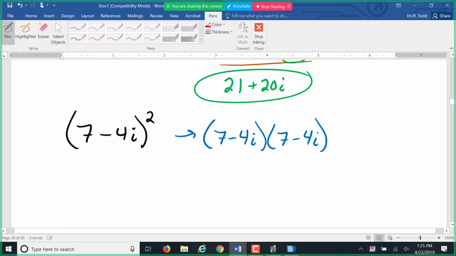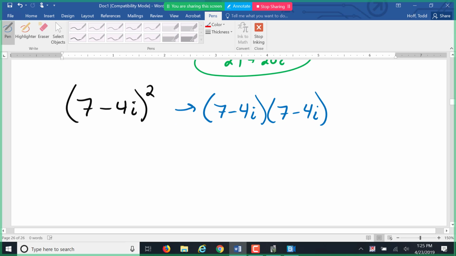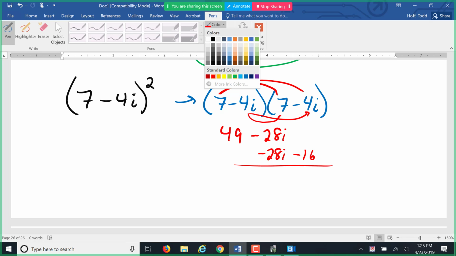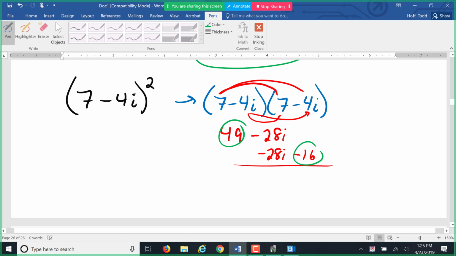So 7 minus 4i squared becomes 7 minus 4i times 7 minus 4i. Foiling it out, 7 times 7 is 49. 7 times negative 4i is a negative 28i. Negative 4i times 7 is again negative 28i. Negative 4i times negative 4i is a negative 16. 49 and negative 16 is 33. Negative 28 and negative 28 is a negative 56i. Any questions?